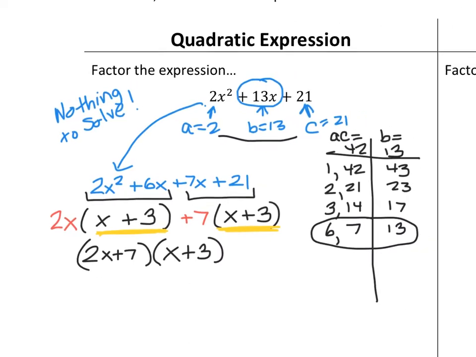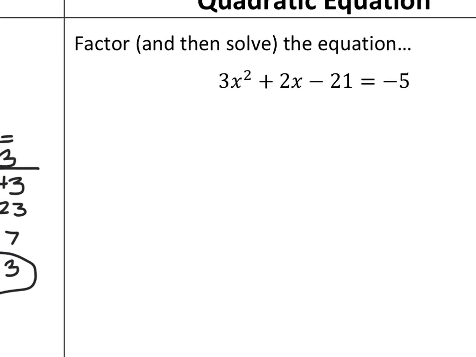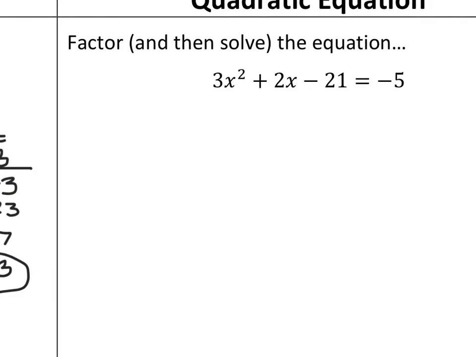Now, if we do have an equation to solve, which more than likely we will, then the main thing that we're trying to solve for is those x-intercepts. Now, those x-intercepts happen all along the x-axis where y equals 0.